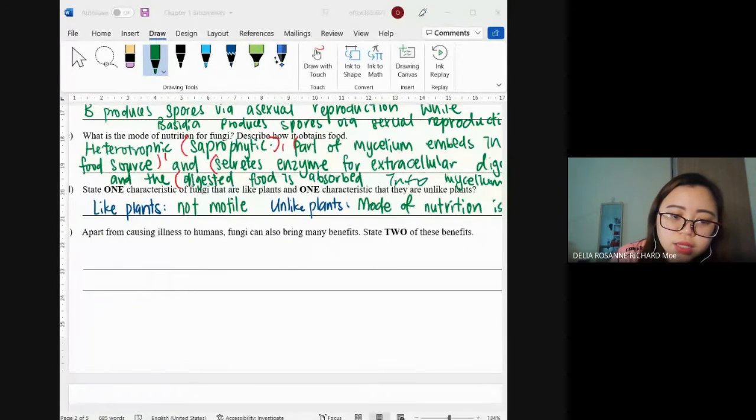Miss, kenapa algae tidak termasuk dalam plante? Algae tidak termasuk dalam plante sebab algae... What is the reason? I'm trying to remember why.